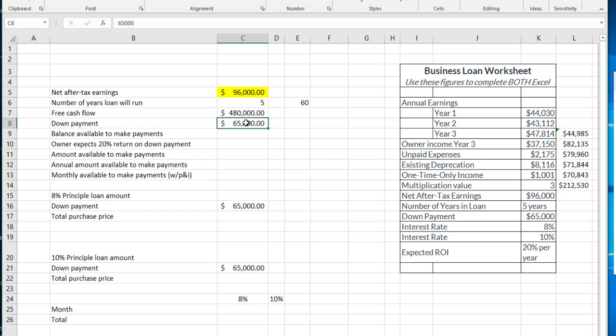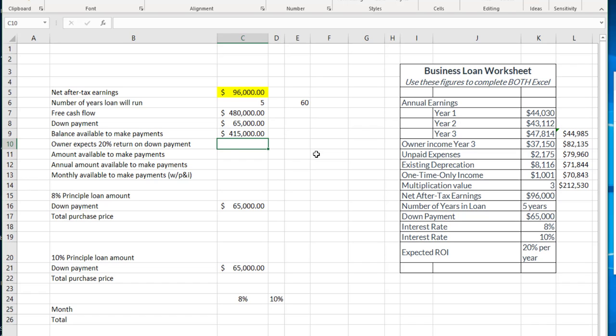So then we're going to take our down payment away because we wouldn't need to include that. We're going to already have that ourselves. And that puts us at $415,000.